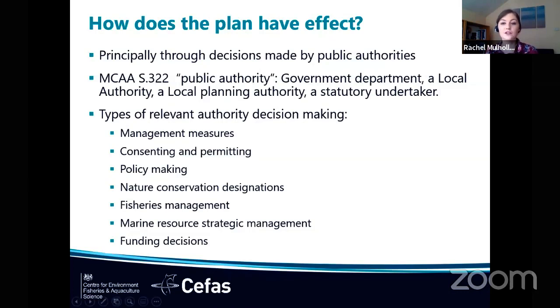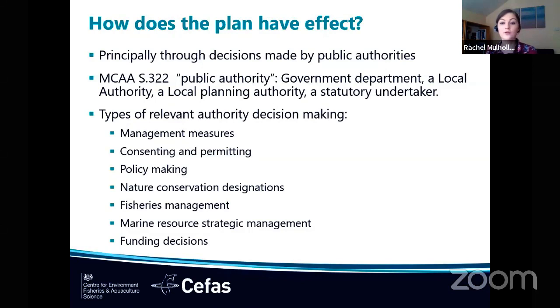So the types of decisions that fall under the definitions of the Marine and Coastal Access Act include any decisions with the potential to impact the marine environment. This can include the obvious decisions on marine management, consenting and permitting of developments, but it can also include more indirect decisions, such as policy making in other areas, like setting renewable energy targets or the designation of new nature conservation areas.